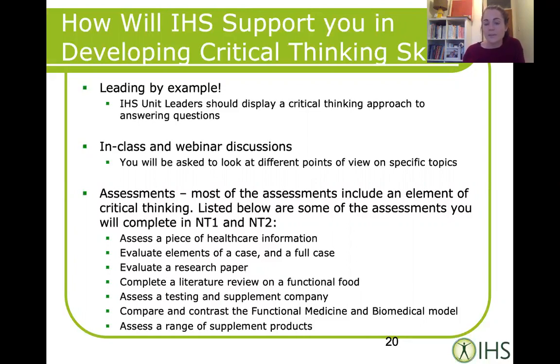And then also by completing all of these assessments. All of these assessments require critical thinking skills: assessing a piece of healthcare information, evaluating elements of a case report, evaluating a research paper, completing a literature review, assessing a test and supplement company, comparing and contrasting the functional medicine model.